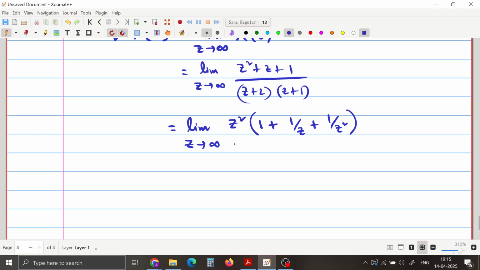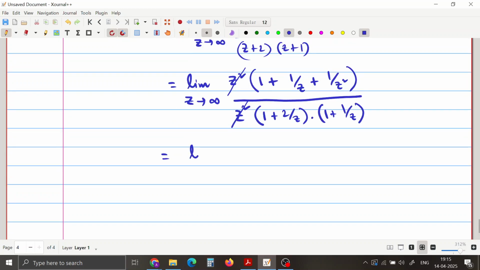And similarly from the denominator, I'm going to take z as common from each of the factors. So overall it becomes z square, and I have 1 plus 2 by z into 1 plus 1 by z. So these z square and z square get cancelled.